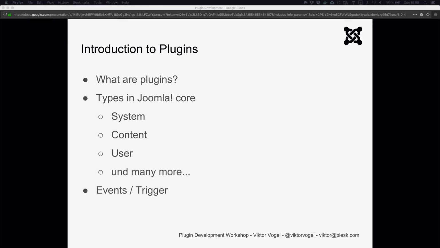How do they work inside Joomla? Plugins in general provide functions. You have code, simple functions, and they are associated with trigger events, so they are triggered from the core or from a component, from an extension.